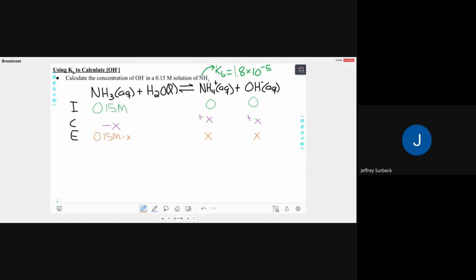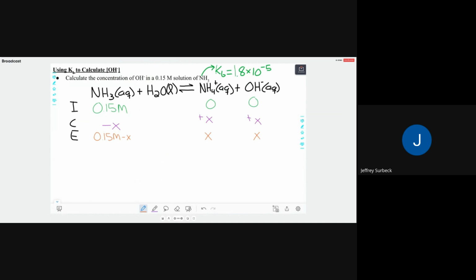However, if we take our assumption, which I'm going to verbally go over, does anybody need me to write down the assumption? Good. All right. So if we take Kb times 100, so if we take 1.8 times 10 to the negative fifth, and we multiply that by 100, it needs to be much smaller than our original concentration of 0.15.